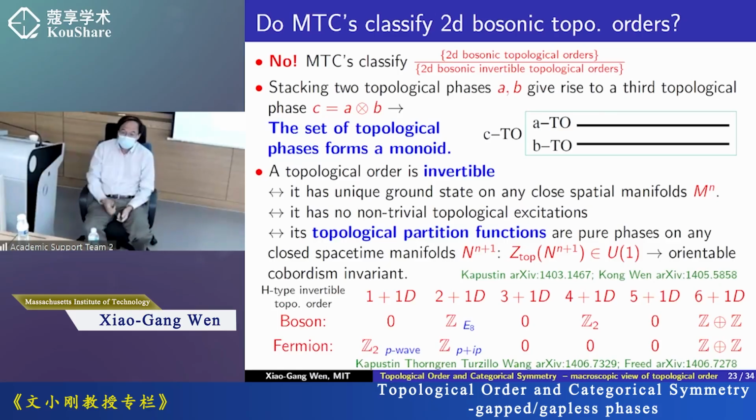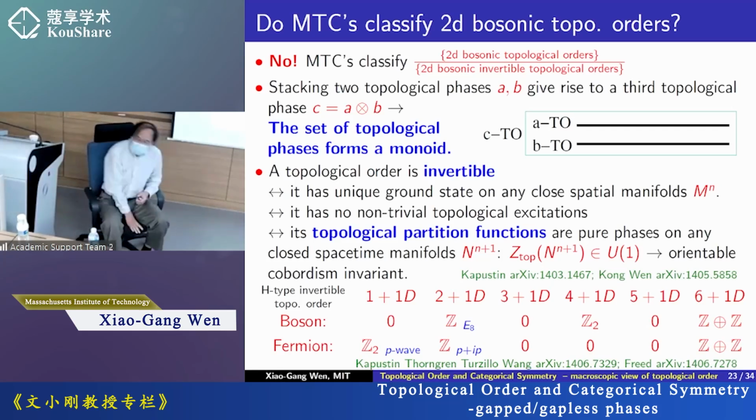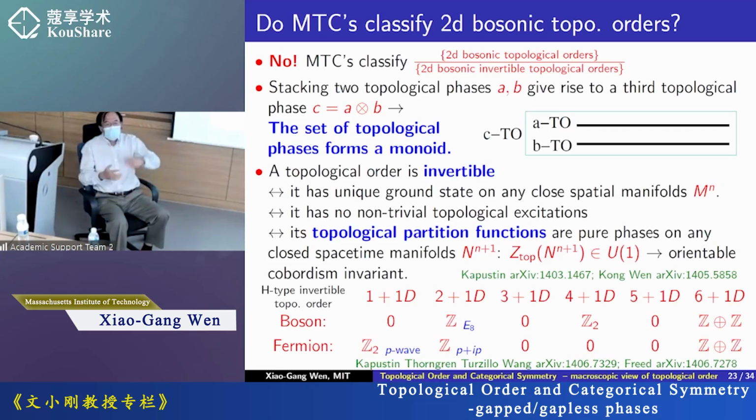Meaning no inverse. For fermionic systems, the famous invertible topological order is the integer quantum Hall state. And fractional quantum Hall states are all non-invertible. For bosonic two-dimensional topological order, the invertible one is the E8 quantum Hall state.